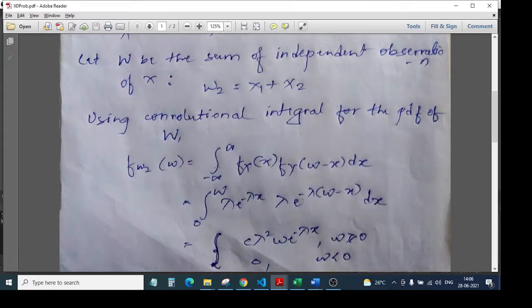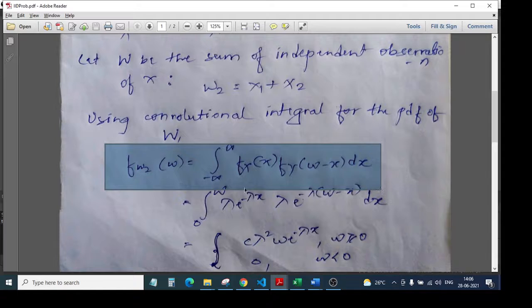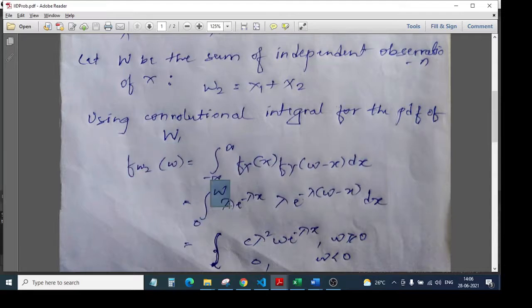If you observe here, this is my formula for the PDF: integral from minus infinity to plus infinity of f_X(x) f_Y(w minus x) dx. We have also proved this formula. Next, what would be my limits? We have changed our limits to 0 to w, and I have explained why it is 0 to w using the diagram.